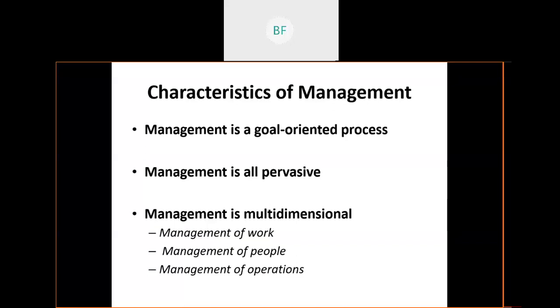The management will unite the efforts of different individuals in the organization in achieving these organizational goals. It might be the production department, the sales department, the marketing department. All these departments are supposed to work together to achieve the goals of the organization.